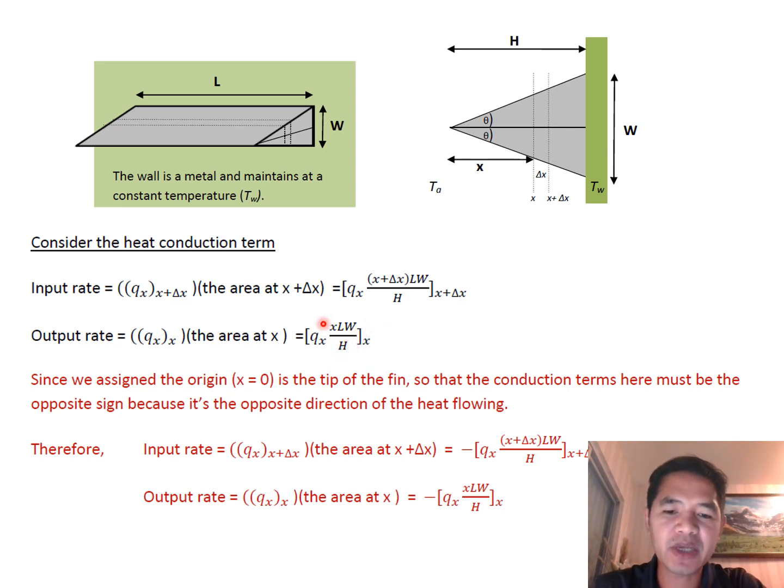We can prove it if you know the angle and the triangle relation. You can prove that the width here is x times W over h, and likewise, at the other section, (x plus delta x) times W over h.